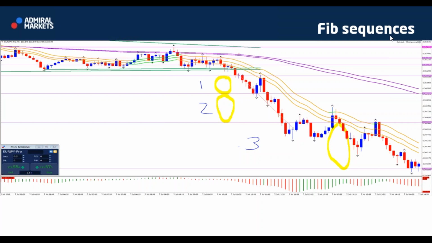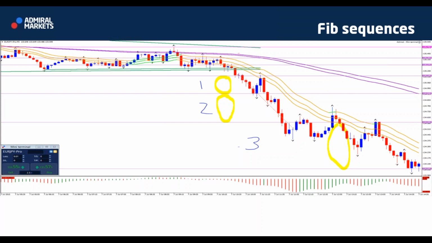Just quickly though, the Wiz levels, this is a 1 hour chart, plotting sequence levels. So the first one on the 1 hour chart is the 55 pip. The pink level is the base, the starting spot. Then 55 pips away from the starting spot is the first Wiz level. Then 89 pips from the starting spot is the second Wiz level. 144 is the third.